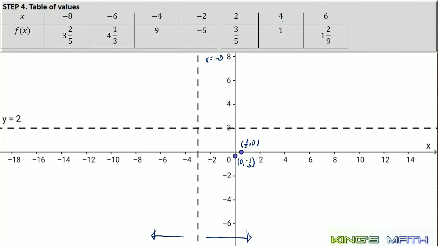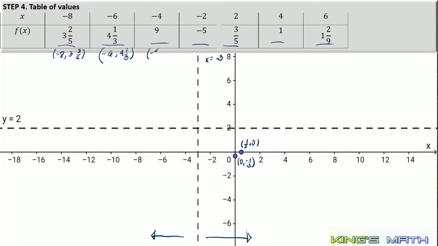Okay, and then after solving, we have here the values of f of x. So we have here pairings, or points. Our first point here is (negative 8, 3 2/5). Next is (negative 6, 4 1/3).